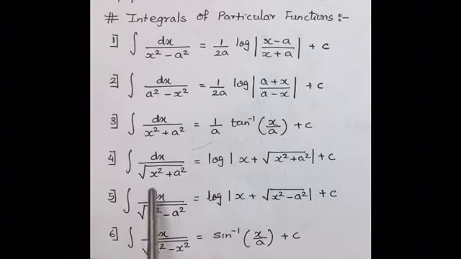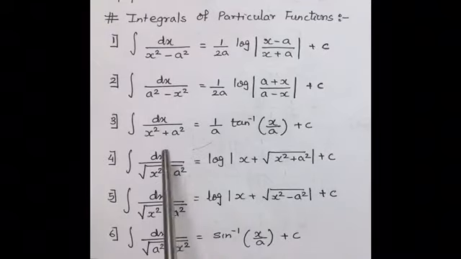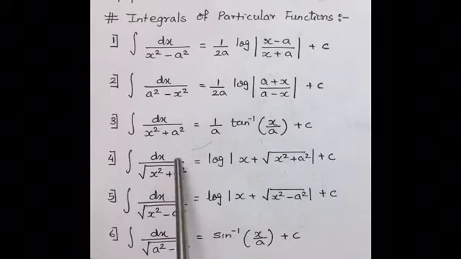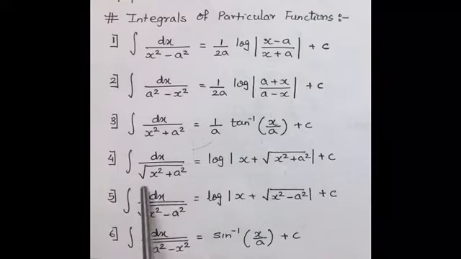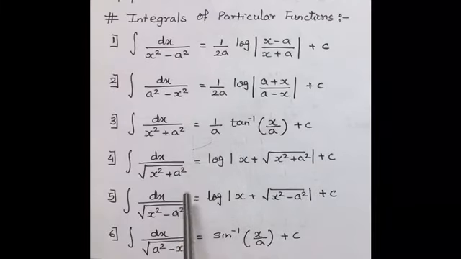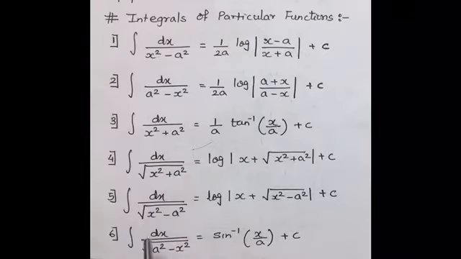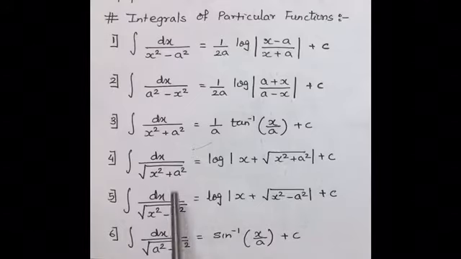Now we need to be very careful while using these integrations. We have to check the positions of a square and x square, as well as plus or minus and root also. So accordingly we need to select the standard integrations. Fifth one is integration dx upon root of x square minus a square.